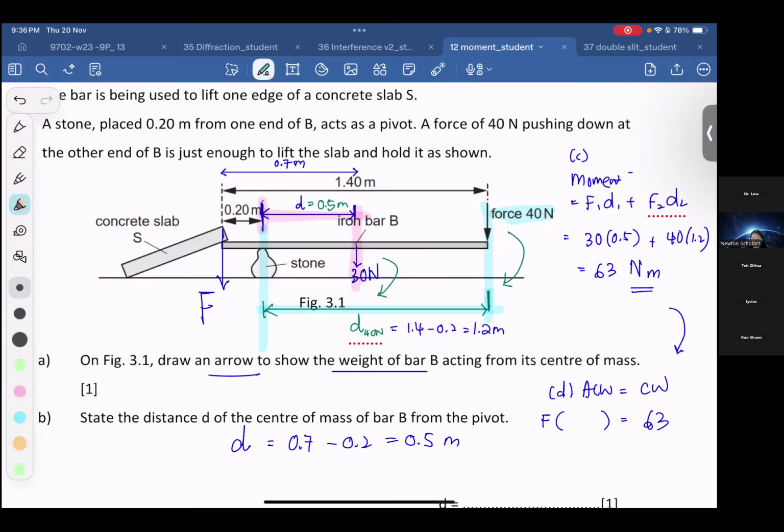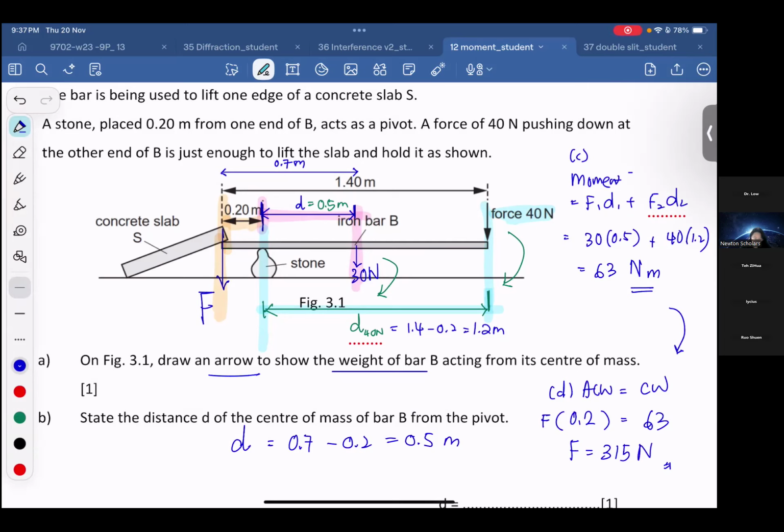Force times the distance until the pivot. So here, this one should be 0.15 Newton. Is that clear? Yes. Is it okay, dear?